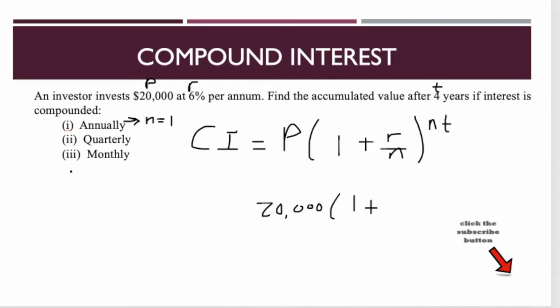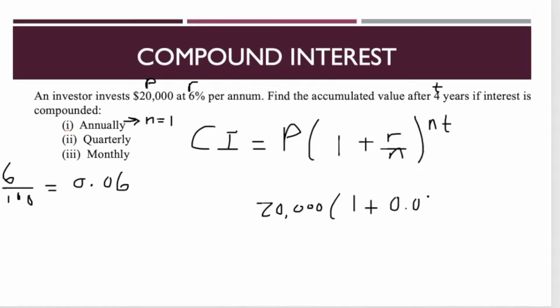Remember I said 6% has to be converted to decimal, so I divide it by 100, and I will arrive at 0.06. So rate is 0.06. N, what is N? N is 1 times T, T is 4.